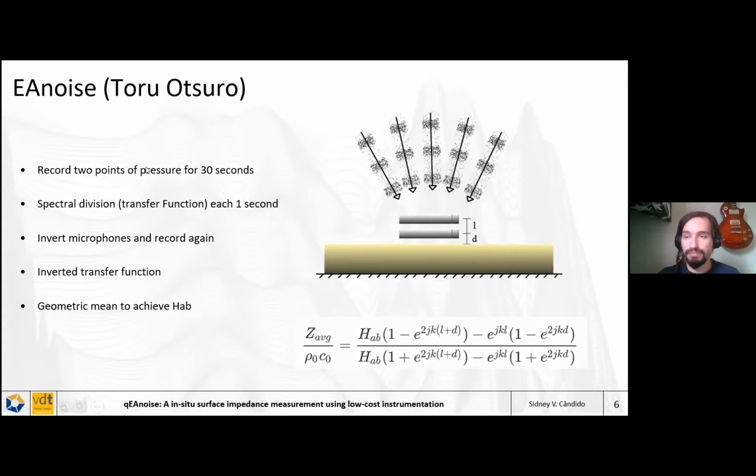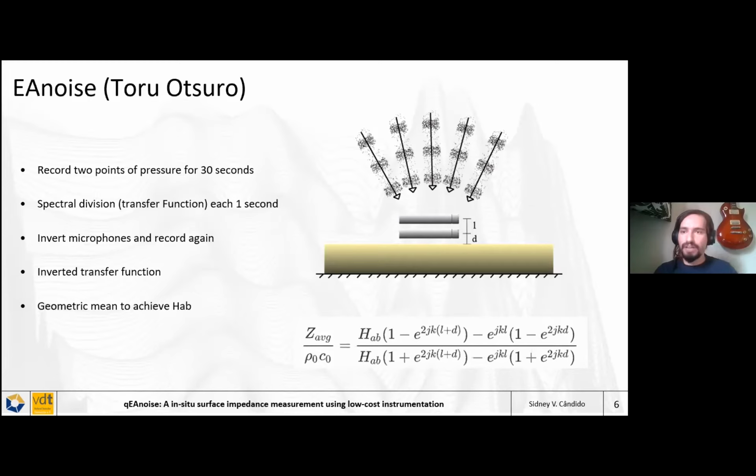And that worked very fine because we record these 2 points of pressure for 30 seconds and calculate a transfer function for each second that will average not only in time the pressure, but the angular incidence.